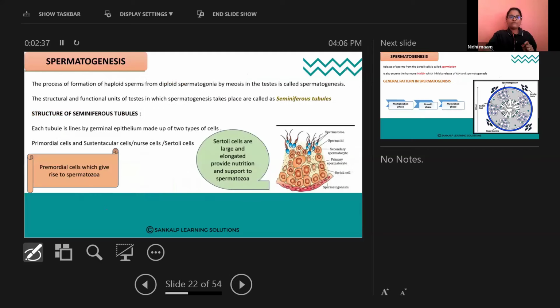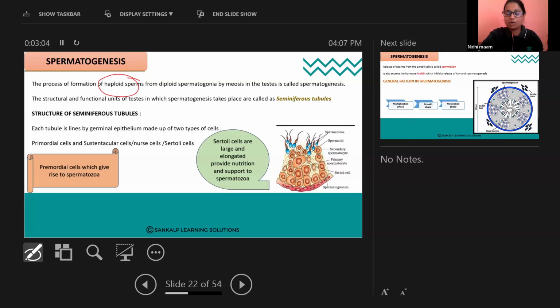The process of formation of haploid sperms from diploid spermatogonia by meiosis in the testis is called spermatogenesis. That is, the sperms will have a single set of chromosomes from spermatogonia. This is a plural word; the singular is spermatogonium.